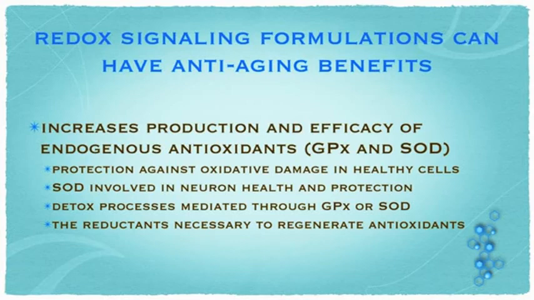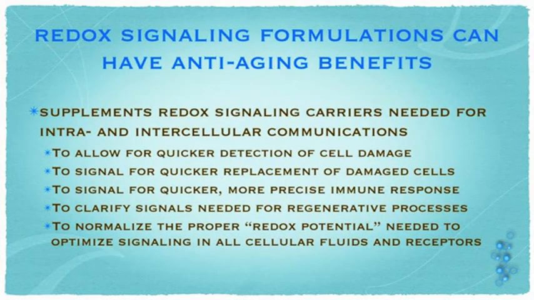And of course, reductants, these negatively charged species, are necessary for the regeneration of antioxidants in our cells. Anti-aging benefits are also seen when we notice quicker detection of cell damage, quicker replacement of damaged cells, a more precise immune response, and an activation of a proper redox potential that optimizes signaling and communication in our cells.